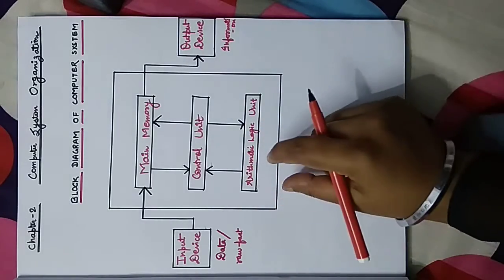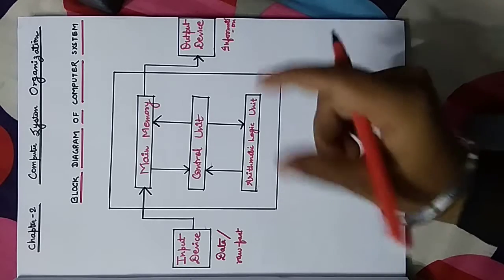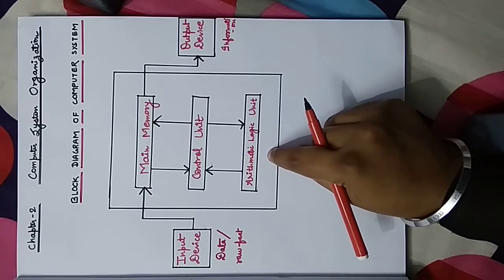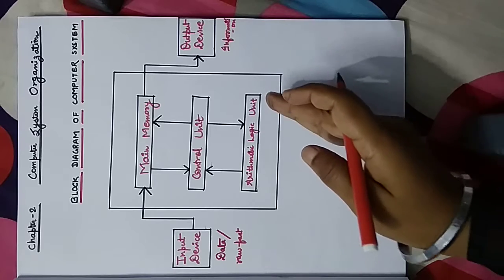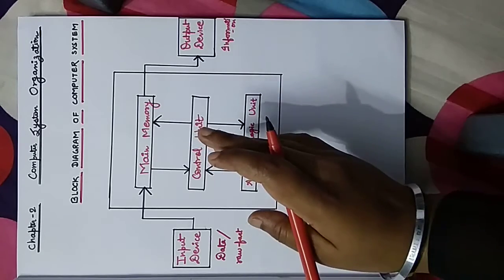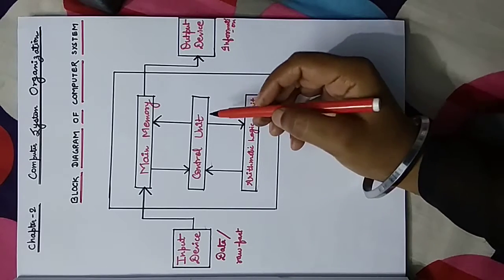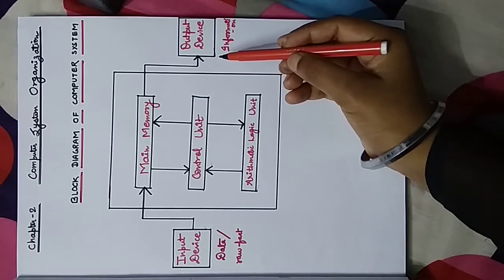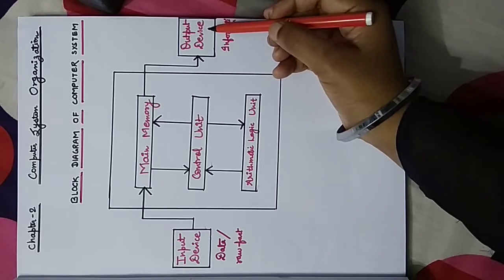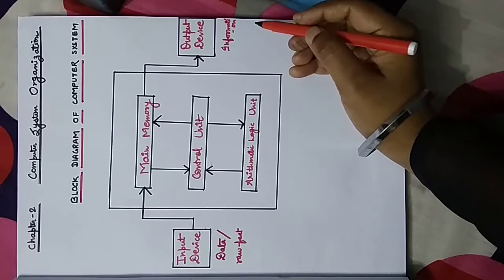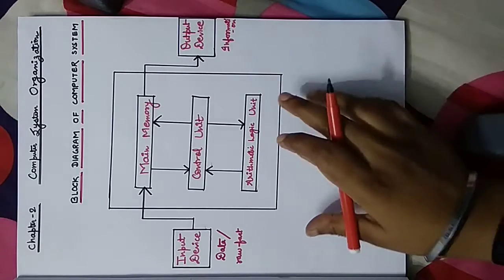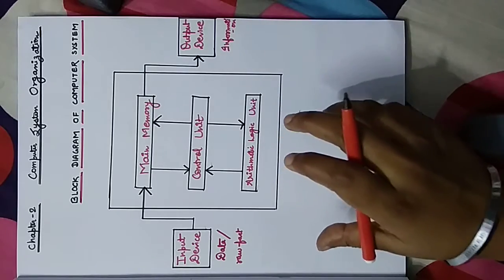And if there is a requirement of arithmetical and logical operation, then it comes here. After this, the result is saved in the secondary storage device and then goes out through the output device and the user gets information.